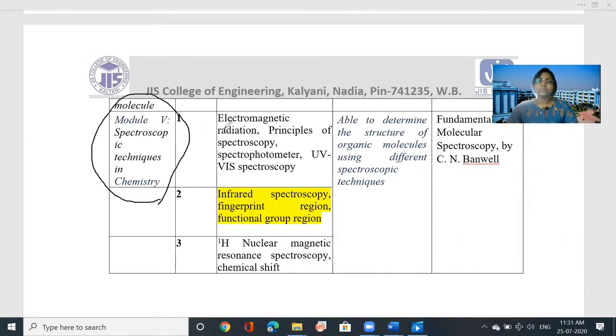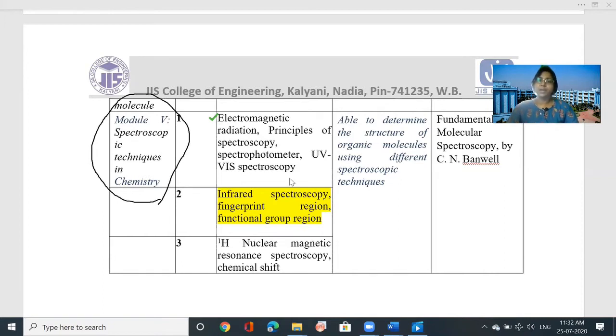In the first lecture, you already learned many things, like electromagnetic radiation. There are different types of electromagnetic radiation: UV, visible, infrared, microwave, X-rays.